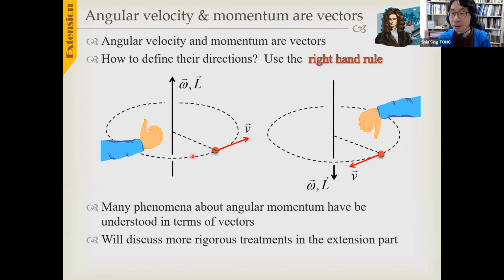So you generalize the rotation into 3 dimensions by using vectors. Now, in this example, you have a rotation in the opposite direction. Your thumb is pointing downwards, and that means the rotation direction is reversed. All the discussion about angular momentum and angular velocity should be treated using vectors.